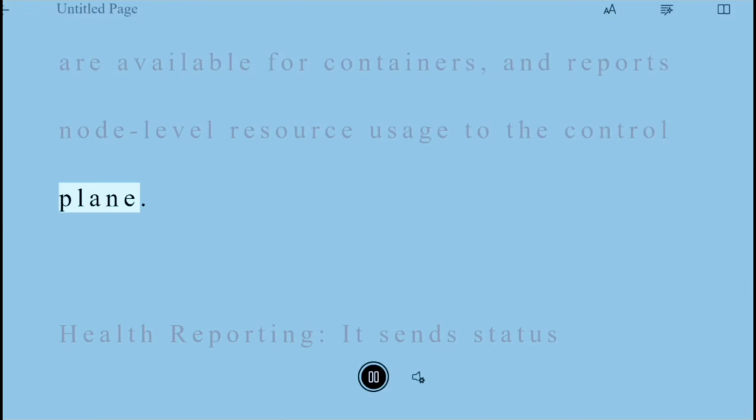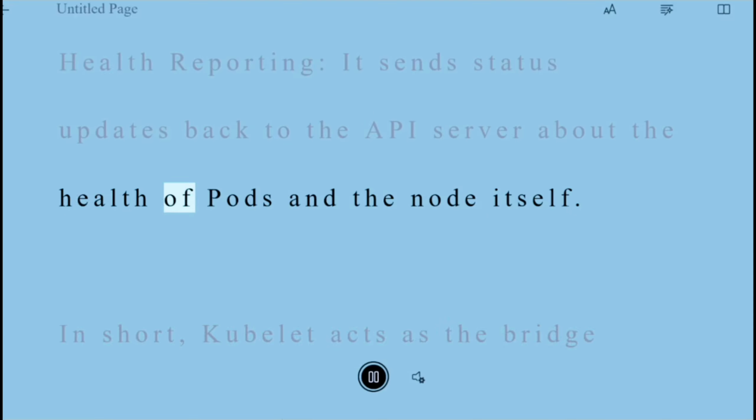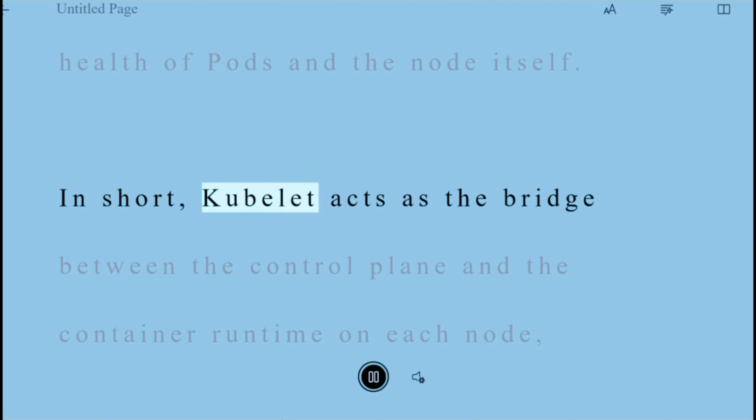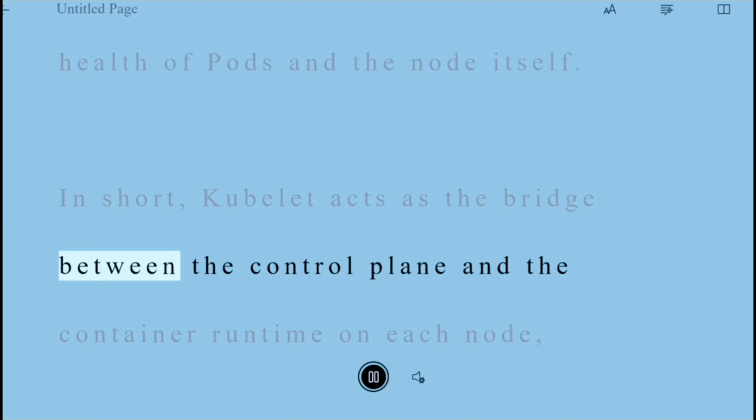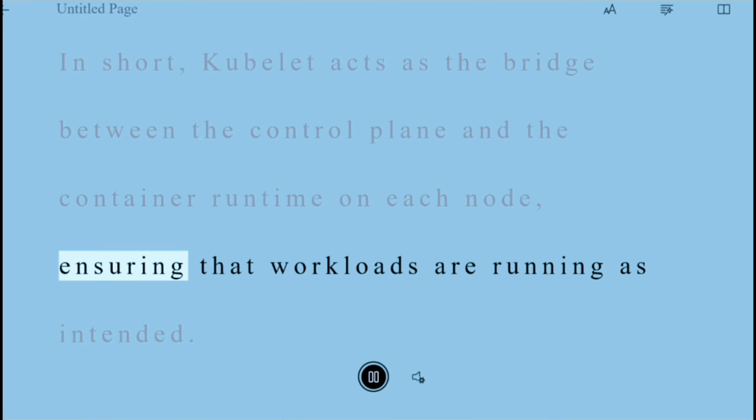Health reporting: It sends status updates back to the API server about the health of pods and the node itself. In short, kubelet acts as the bridge between the control plane and the container runtime on each node, ensuring that workloads are running as intended.